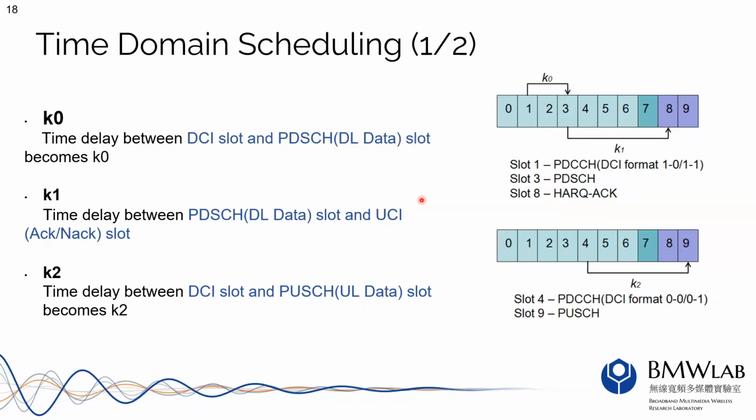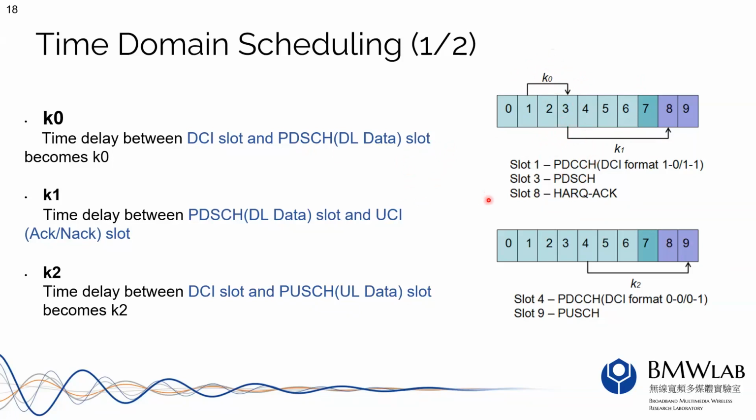You can see the figure on the right-hand side. The DCI is located on slot 1. Then we assume that K0 equals 2. The UE can know that it needs to get the downlink data in slot 3, because K0 is 2. So the UE knows it can get the PDSCH data in slot 3.